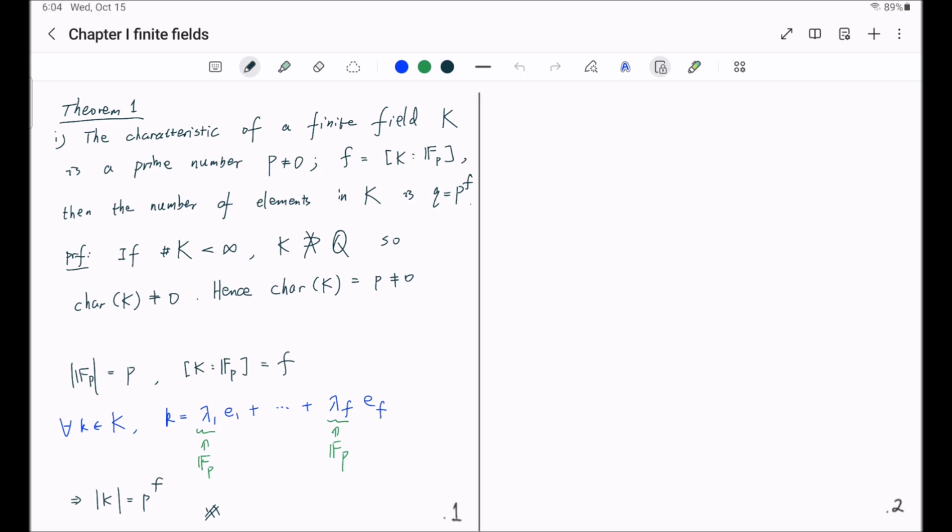The second part of the theorem states the following: let p be a prime number, and let q equal to p to the f's power, where f is bigger or equal to 1, be a power of p, and let omega be an algebraically closed field of characteristic p.